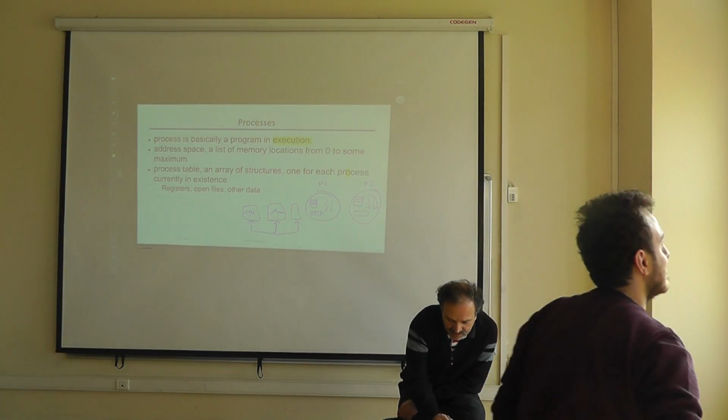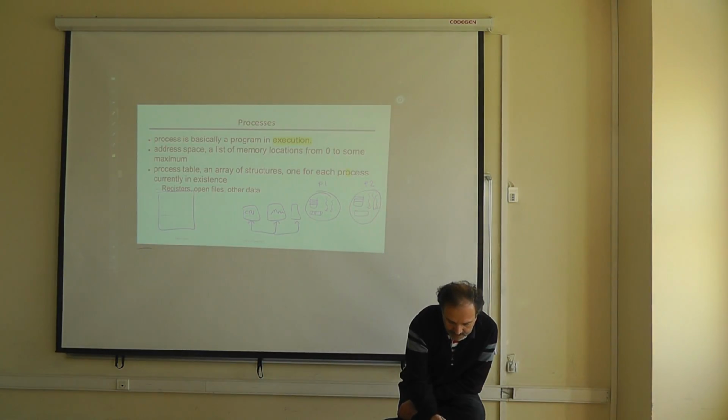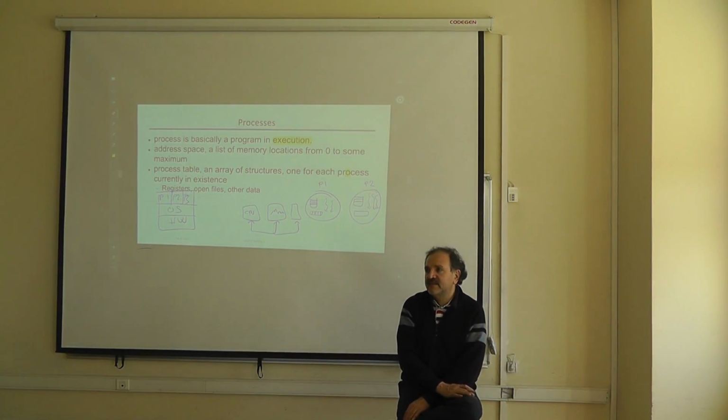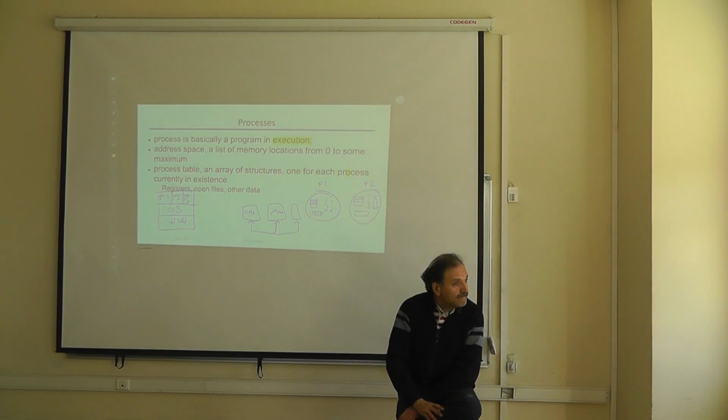Operating system says that, okay, this is hardware, this is OS, then my application programs, let's say process 1, process 2, process 3. Each process thinks that the whole computer belongs to that process.